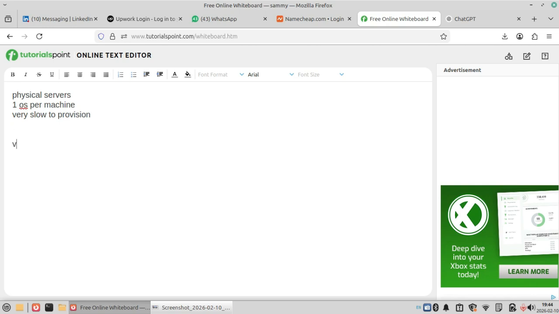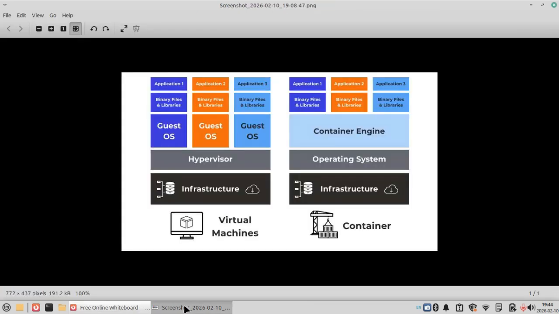Then how about virtual machines? A virtual machine has one operating system per virtual machine, just like what we saw here. One operating system per virtual machine. Because of this architecture, it also has very strong isolation. But then, just like a physical server, it is heavier and slower to start.